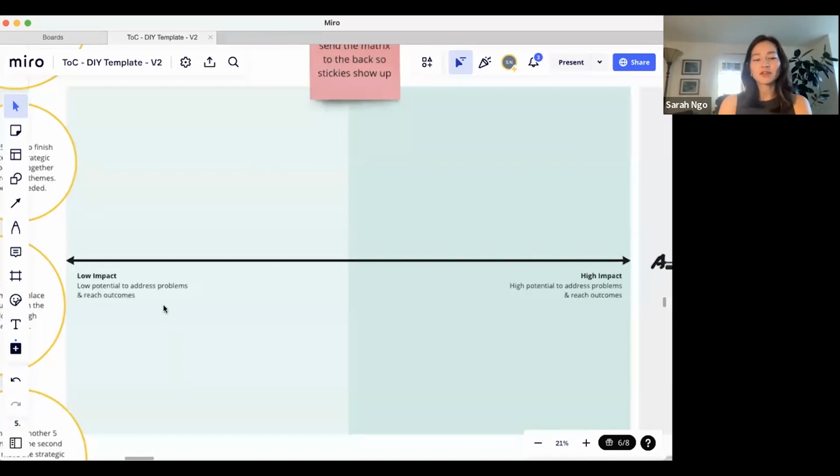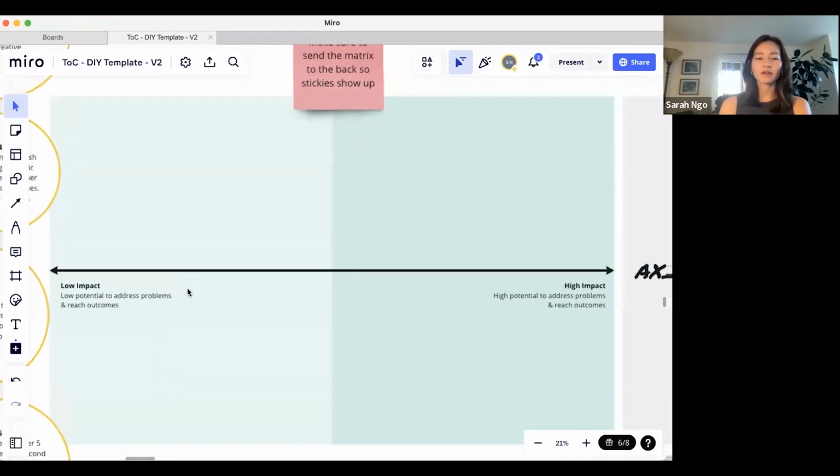How much potential does it have, do we think, to address the problems that we've identified and to advance us towards our outcomes? It's very important that the team is thinking in terms of the specific problems they've chosen and the specific outcomes they've chosen as well, and making sure that you're prioritizing based on those specific elements.